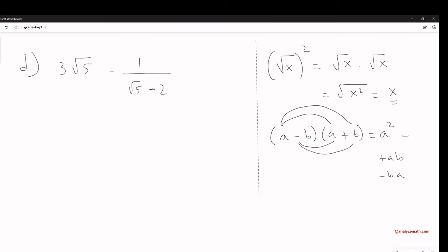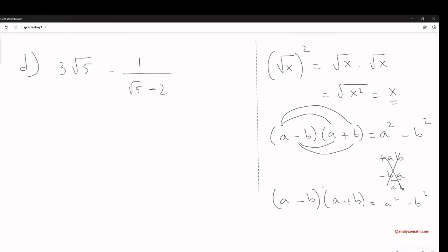I will put the minus b square here. Why? Because plus ab minus ba, now ba and ab is the same thing. The multiplication is commutative. So plus ab minus ab, all this becomes 0. And that's what we need to retain, that a minus b multiplied by a plus b equals a squared minus b squared.